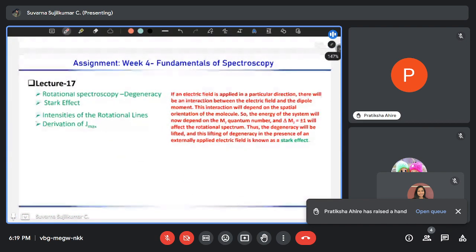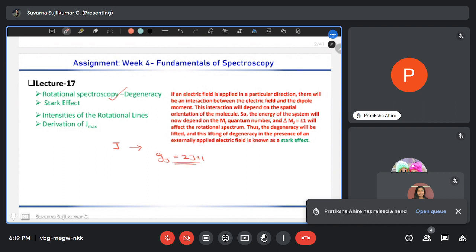This week we had to watch 5 videos. The first video starts with the discussion about the degeneracy in rotational spectroscopy. We already know that if J is the rotational quantum number, the degeneracy is given by G_J equal to 2J plus 1, right?